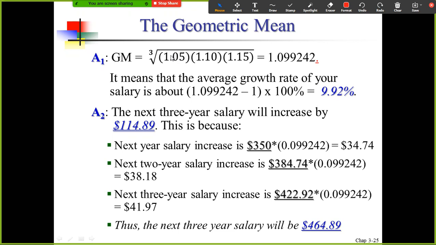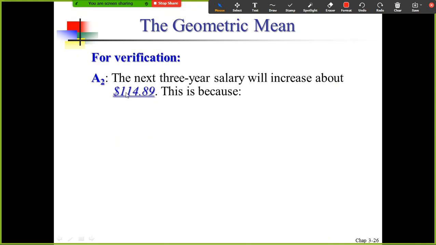This is not real, this is the actual growth rate. But this is an average growth rate. So our salary increases from 350 to 464.89 or 465. Okay, our salary next year will increase by that amount.